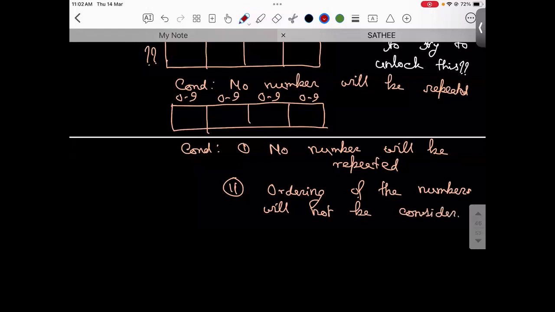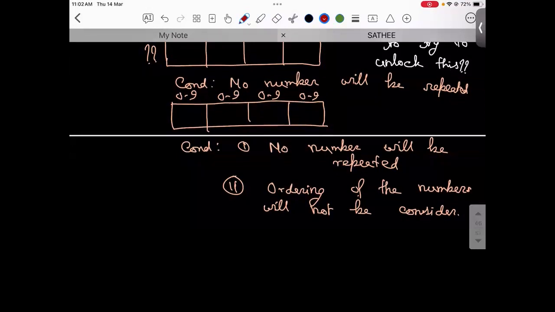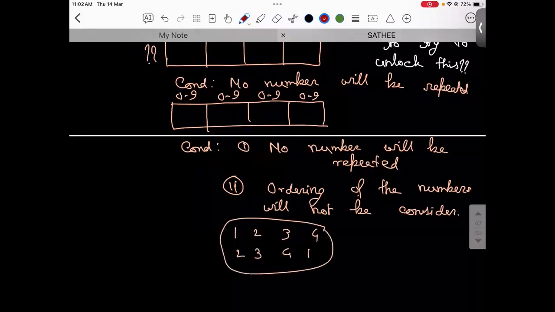You may not be convinced by this ordering property in this example, because 1 2 and 2 1 are not the same. Like 1 2 3 4 and 2 3 4 1, these two are not the same, right? So for that we should take another example.